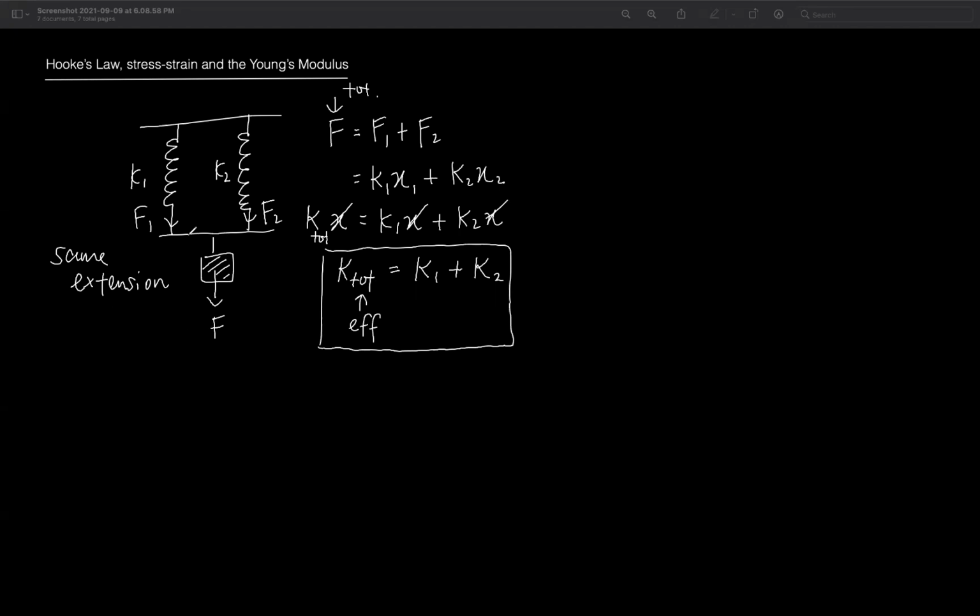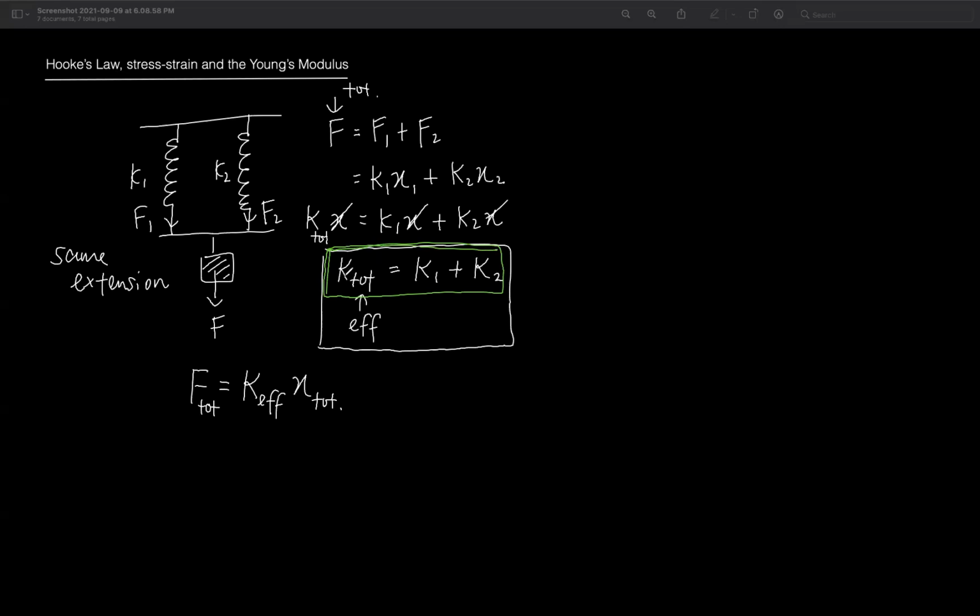Okay, so if you want to calculate the extension, you can also take force, this is the total force, F total equals the effective spring constant, and that extension would be the total extension. So this is to get the relationship between the spring constants. This is what you want to remember. This formula here, okay?